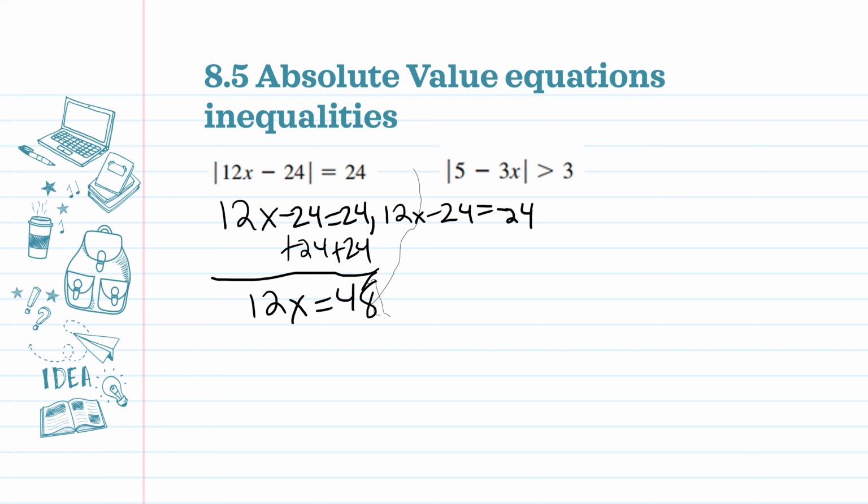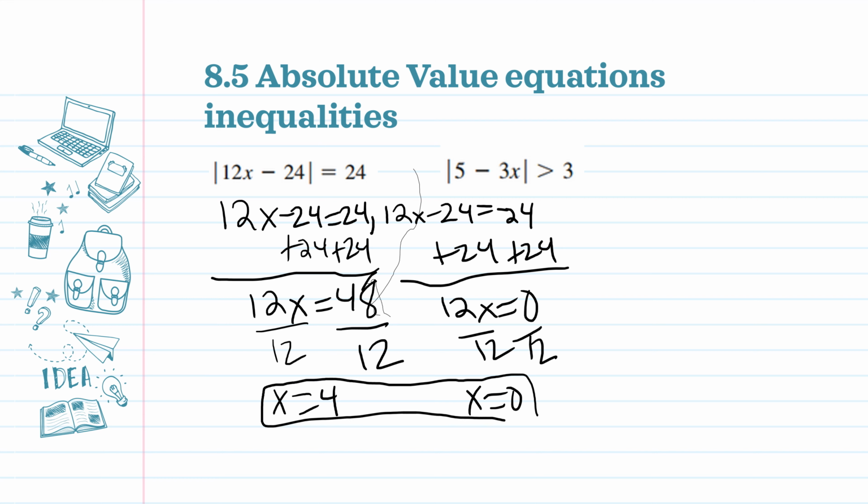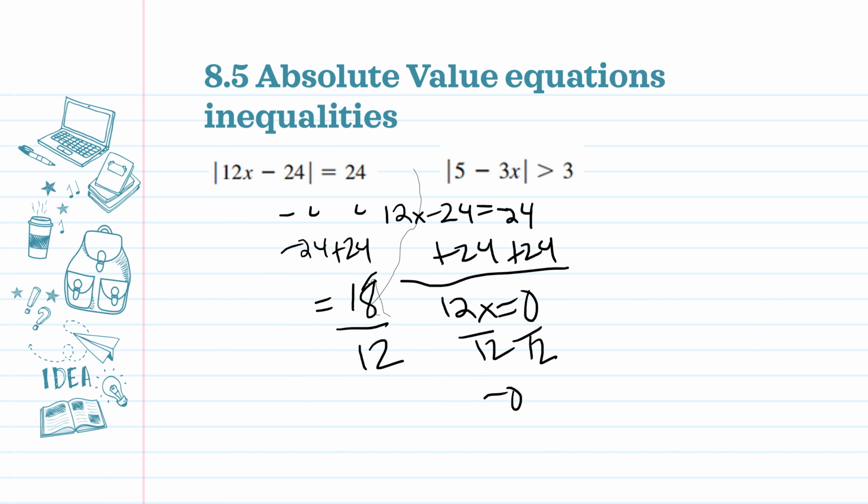Divide by 12 on both sides. x is equal to 4. Then add 24 to both sides here: 12x equals 0, divided by 12, x equals 0. So those are the solutions for these two: x equals 4 and x equals 0. Now, I'm going to erase this so I have some room.